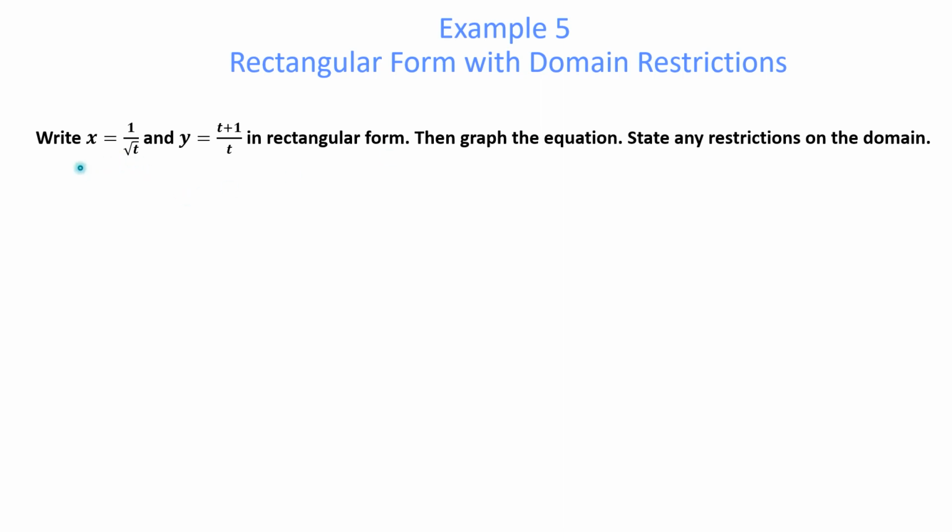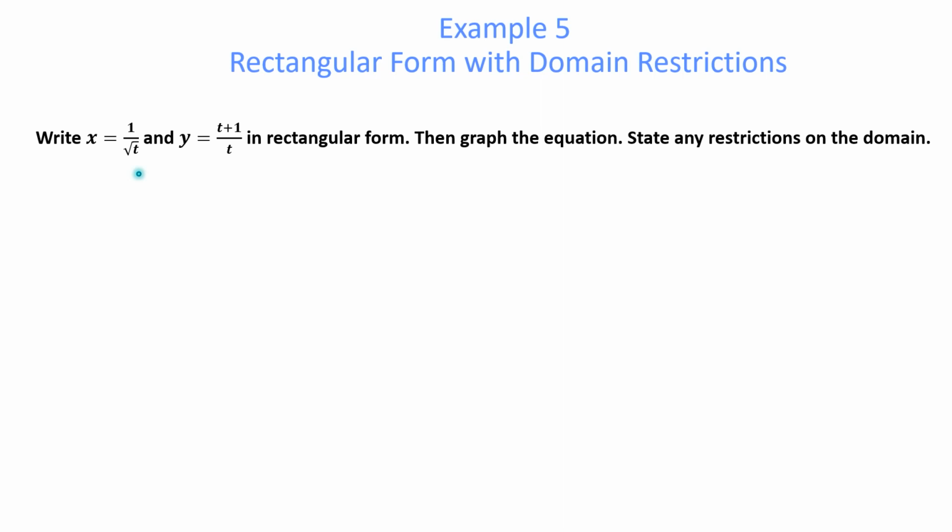Now, from the equation x equals 1 upon root t, we find the value of t. We solve this equation for t. First, we square both the sides. So we get x square equals 1 upon t. Therefore, t will be equal to 1 upon x square.